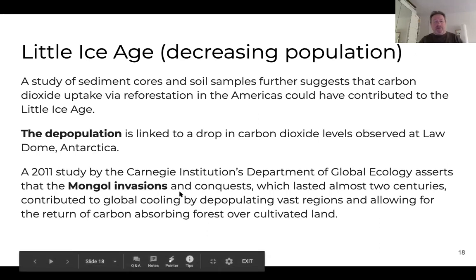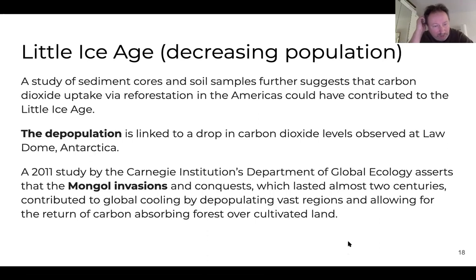So Mongol invasions is an important period in Russian history. So there is a lot of research work in this area, and Gumilev was one of our most eminent researchers on this topic.